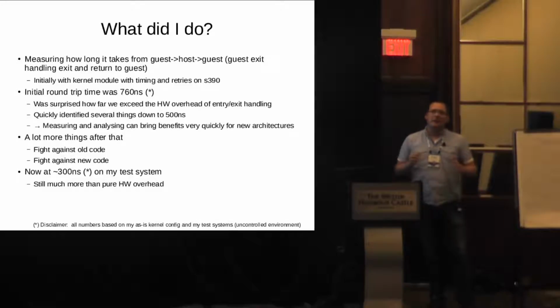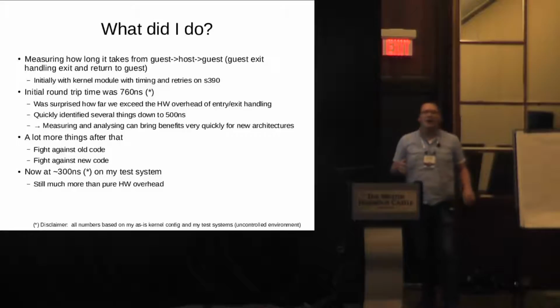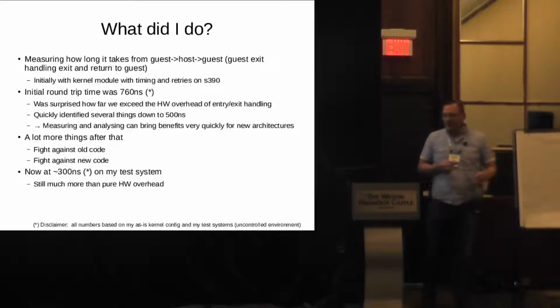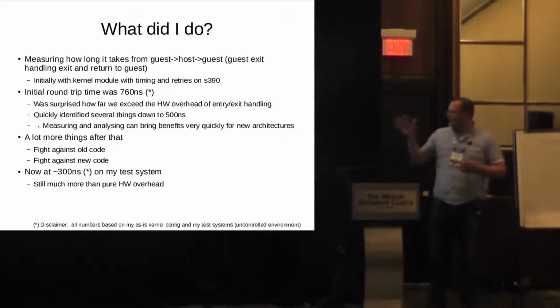Doing analysis and always looking for the low-hanging fruits for new architectures, new chips, might actually give you a decent performance win pretty quickly. And then over time, you have to fight against new code that introduces regressions, makes things more expensive, and you actually find out that old code that has been there forever is actually much more expensive than you have thought of.